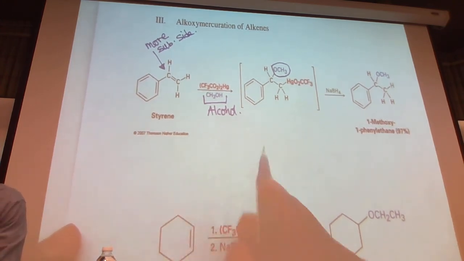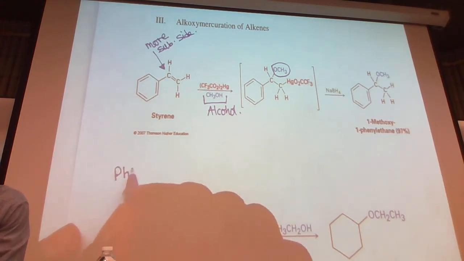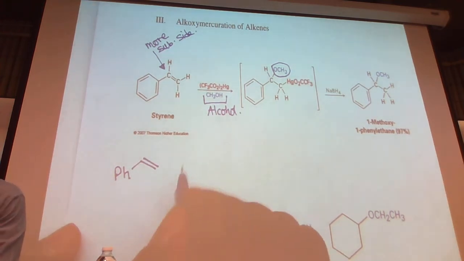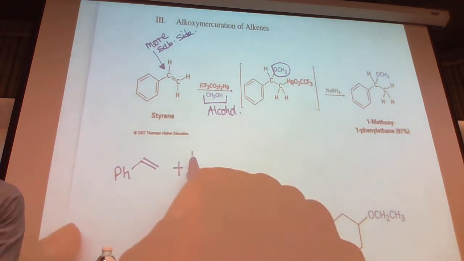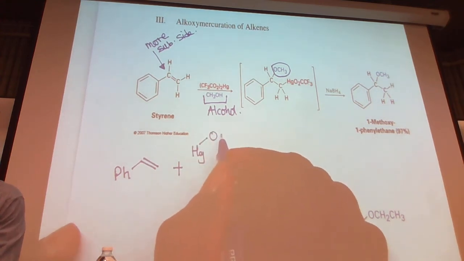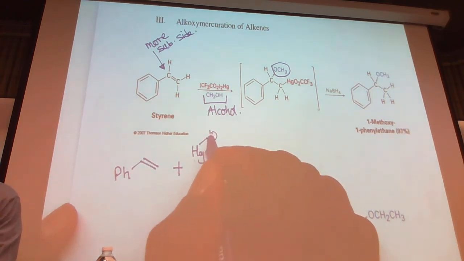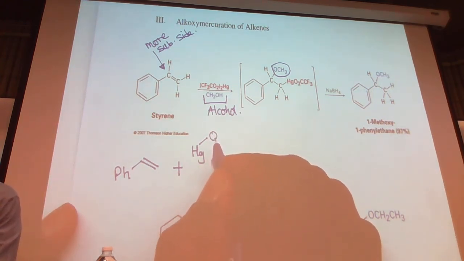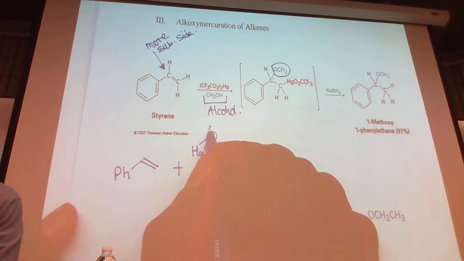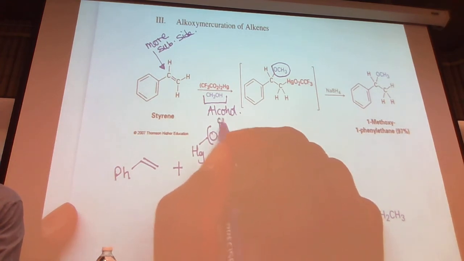Oh boy, mechanism. Alright, so I'm going to draw this as phenyl. Okay? When you treat this with your mercury acetate, I'm just going to draw the bonds. Okay, let me put it this way. Let me draw it out. Okay.